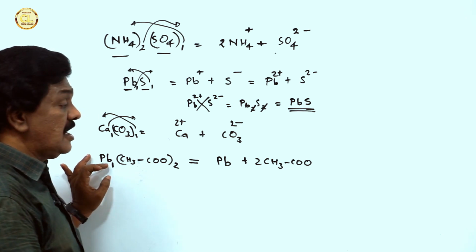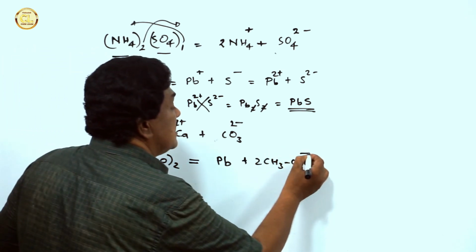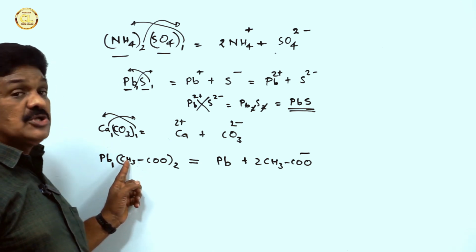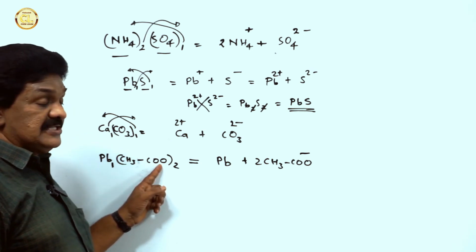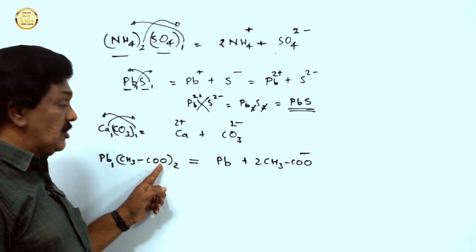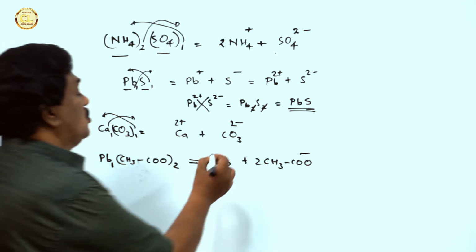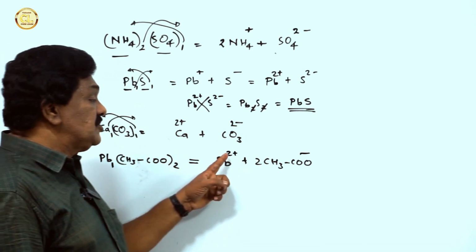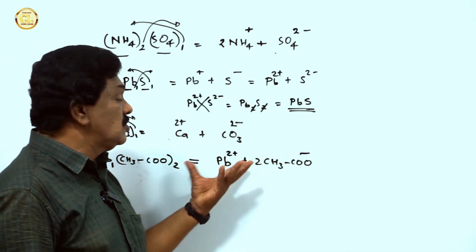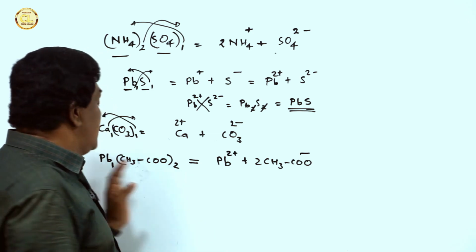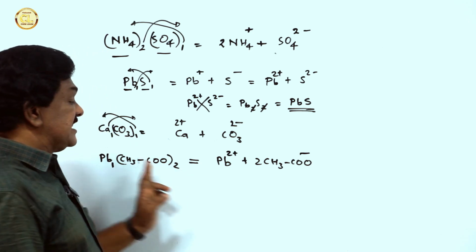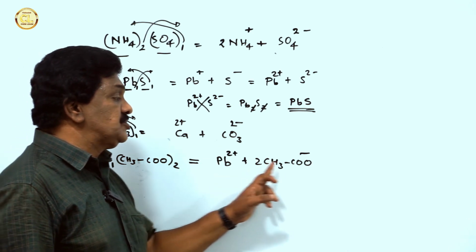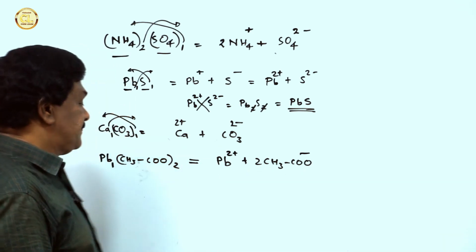There is only one Pb, so single negative. And what is the charge of lead? It is the count of acetate ions, that is CH3COO units. It is 2, so Pb2 plus. Let us check whether the charges are cancelled. 2 plus, 2 negative. So the charges get cancelled. So lead acetate can be split up into a Pb2 plus ion and 2 acetate ions.